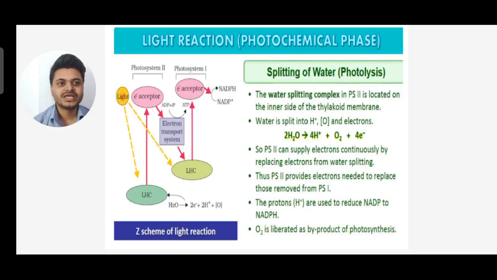So PS2 can supply electrons continuously by replacing electrons from water splitting. Thus PS2 provides the electrons needed to replace those removed from PS1. The protons, hydrogen ions, are used to reduce NADP to NADPH, and oxygen is liberated as a byproduct of photosynthesis.